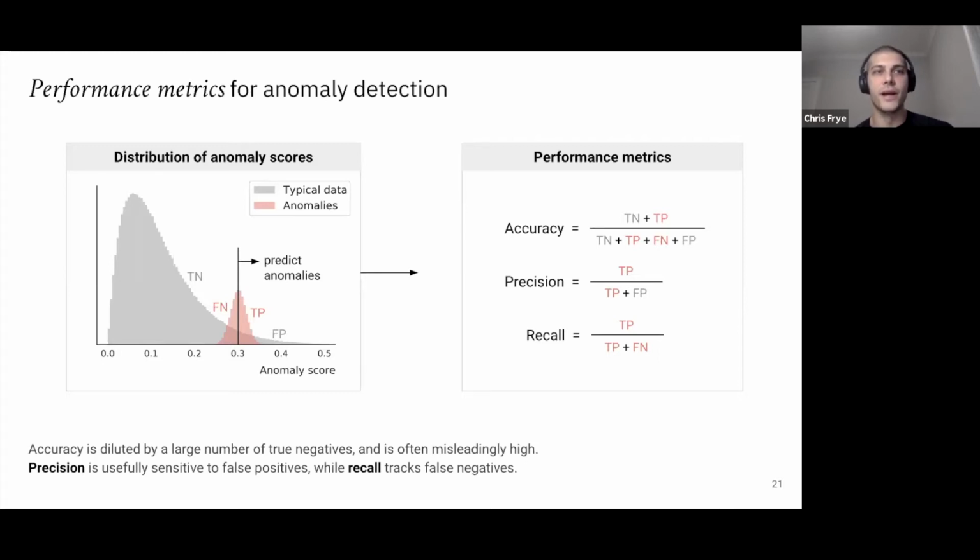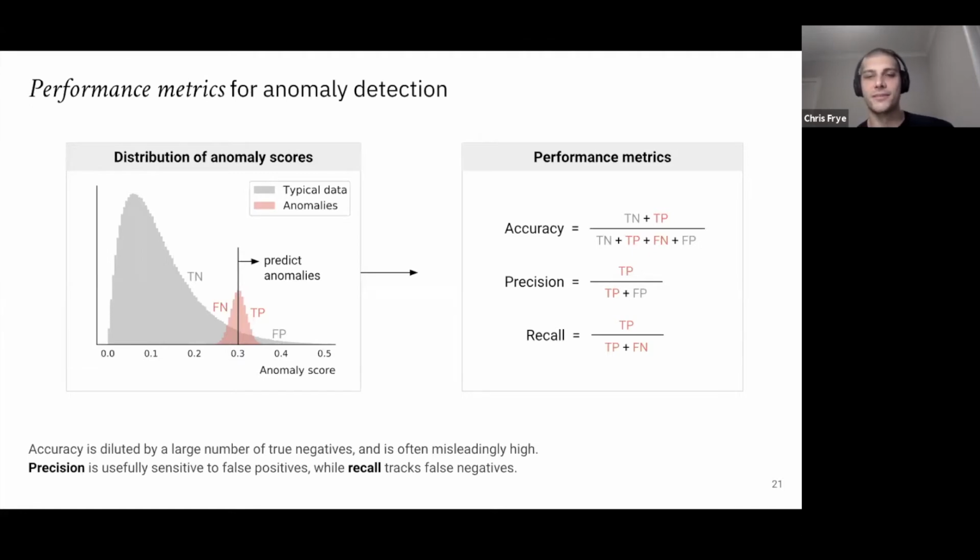There are a couple other metrics that are more useful in this context of heavily imbalanced classes. These two metrics are precision and recall. So precision is the fraction of all predicted anomalies that are truly anomalous. And recall is the fraction of all true anomalies that are actually detected.